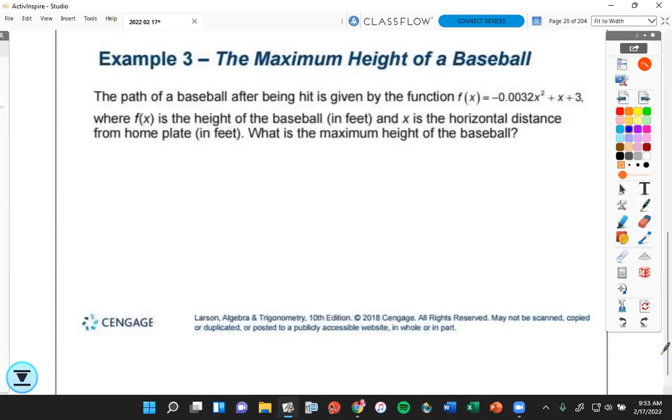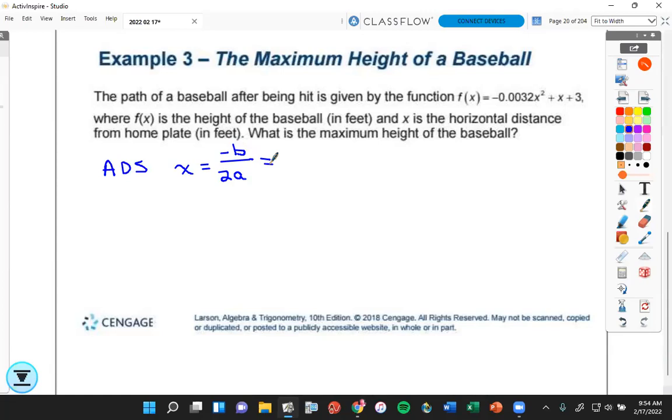Okay. I want to know how high that baseball went. So let's find the axis of symmetry. That formula is x equals negative b over 2a. I'm going to trust y'all with calculators to give me the correct answers on this.